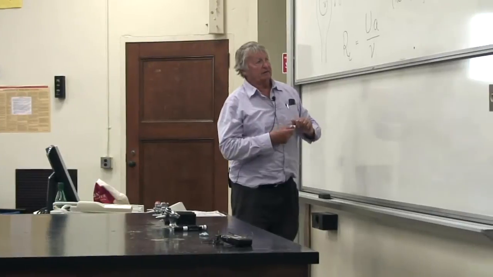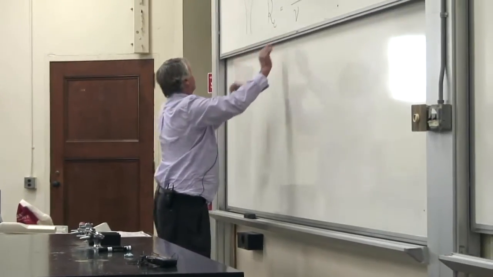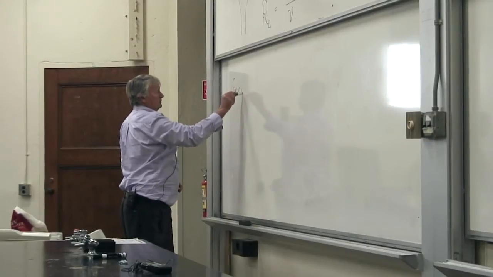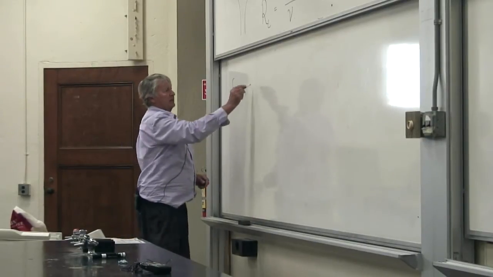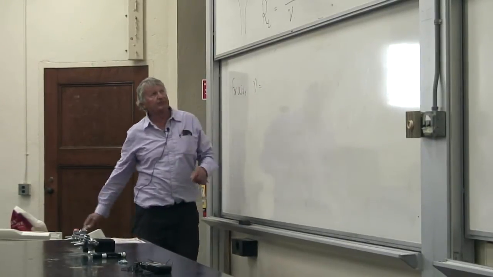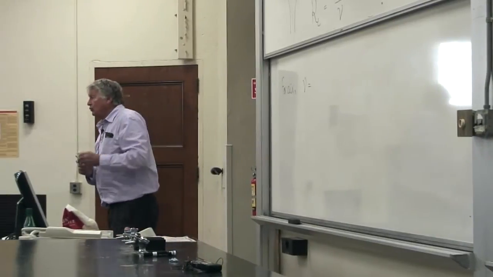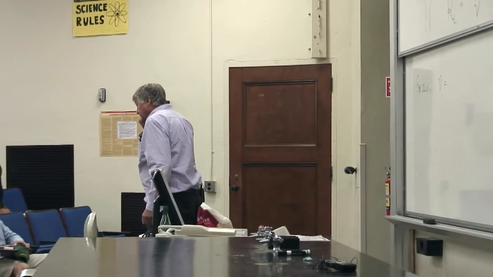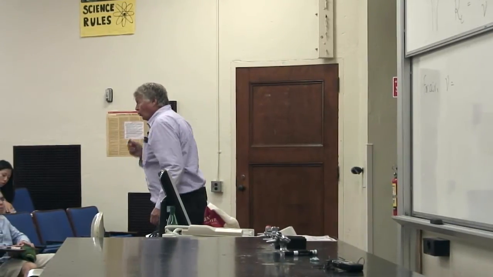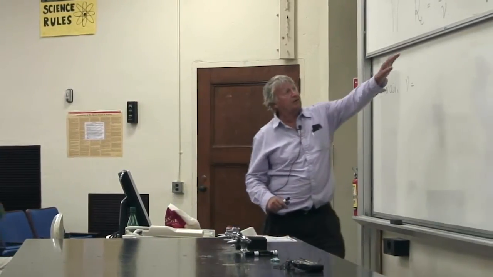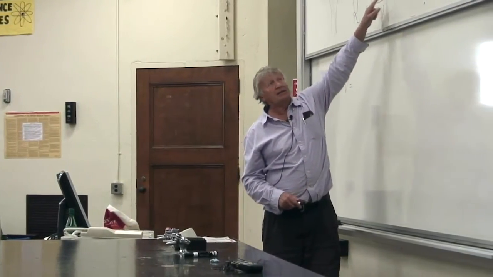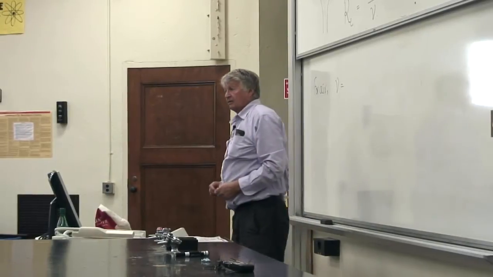Example, for air, the kinematic viscosity. What are the dimensions? I'm telling you this Reynolds number is a dimensionless number. It has no dimensions. What is the dimension, therefore, of the kinematic viscosity? This is velocity, this is distance.